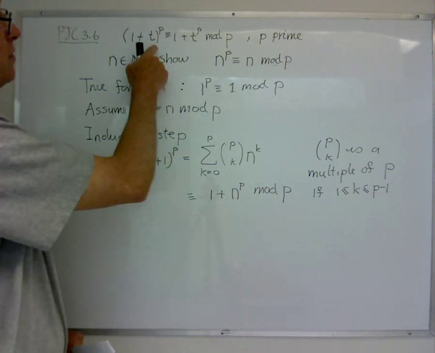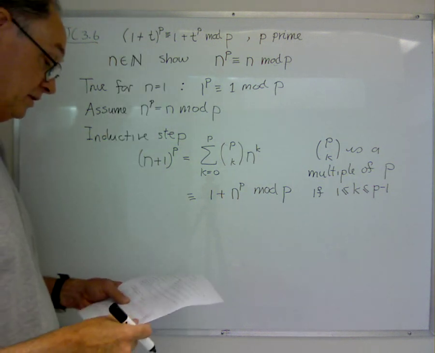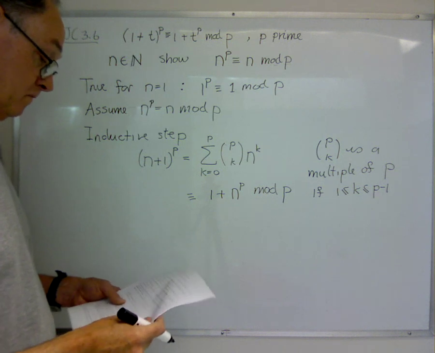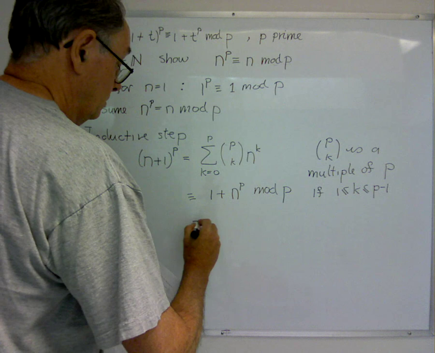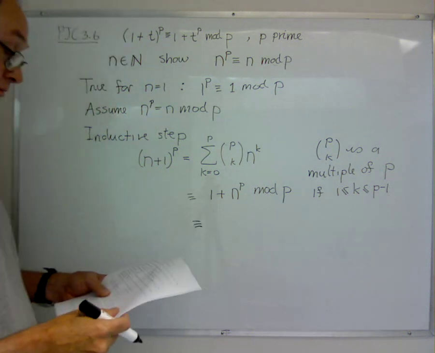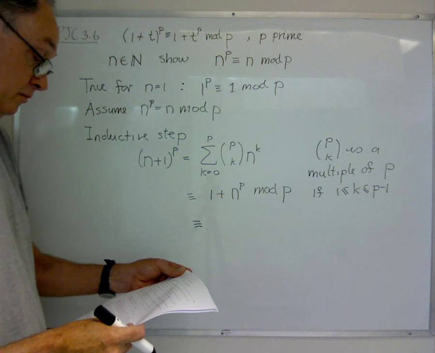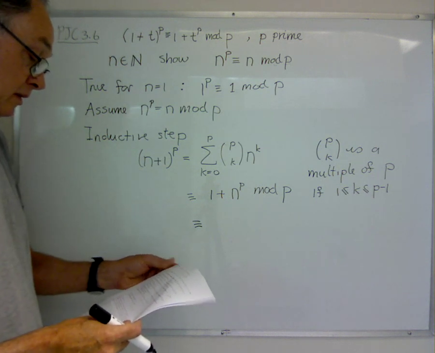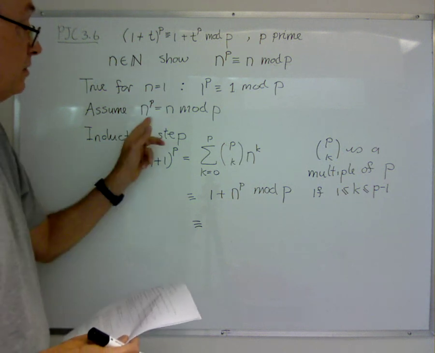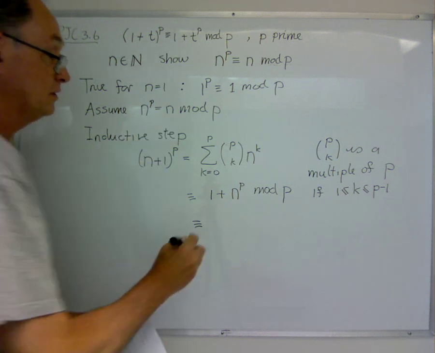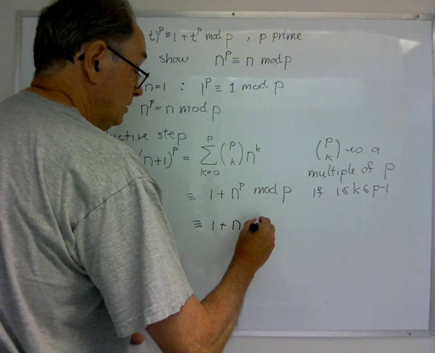But now I've told you this, right? And so this is therefore equal to, by the induction hypothesis, n to the p is n mod p, and so this is 1 plus n mod p.